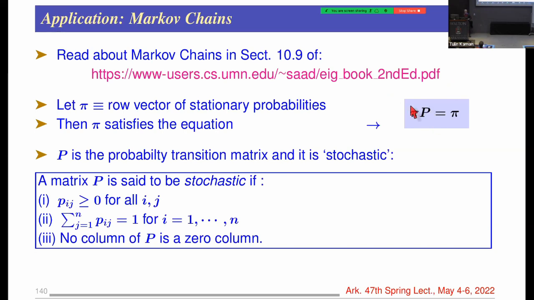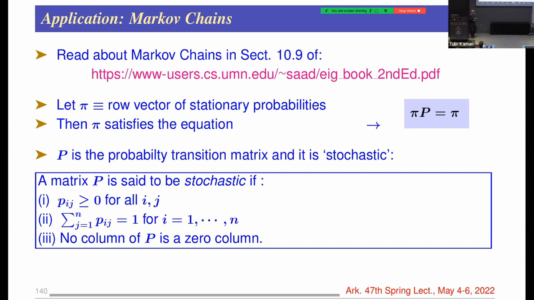The Pij's are non-negative. Okay, so the right eigenvector, the vector of all ones, is the right eigenvector because the row sums are all ones. And the most important thing is the row vector pi. Pi is now a row, a row of length n.